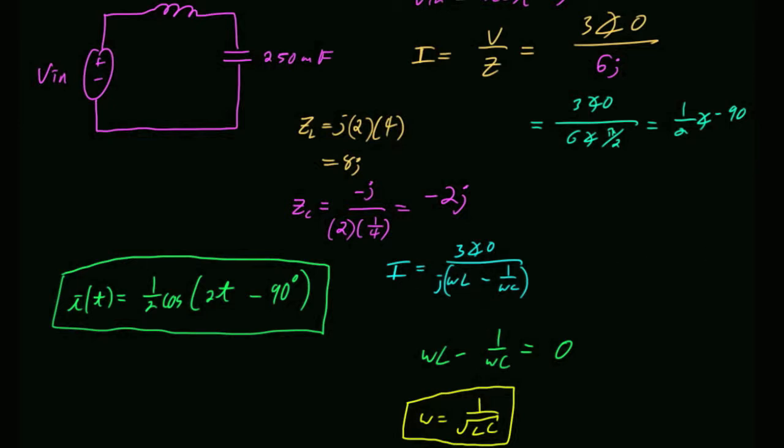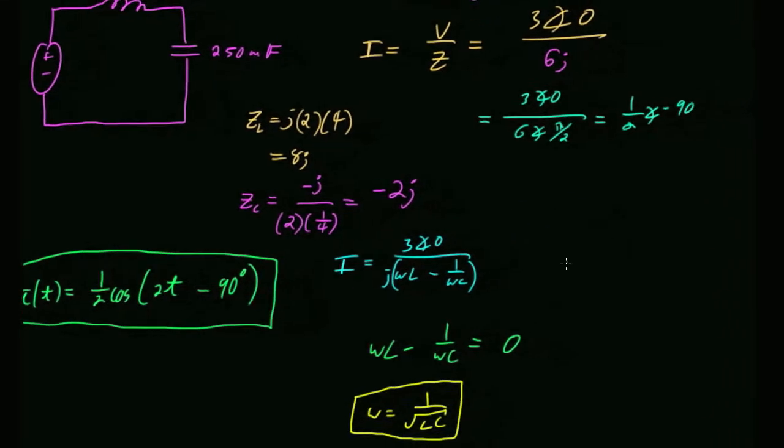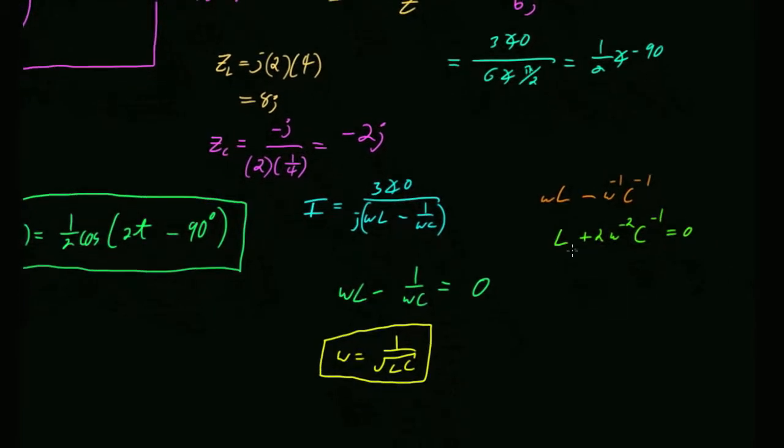I mean, let me see. Does that work? If you take the derivative of the impedance, you get L. Hold on. You've got omega L minus omega to the negative 1 times C to the negative 1. So if you take the derivative, you get L plus omega to the negative 2 C to the negative 1 equals 0. Did I lose a minus sign?